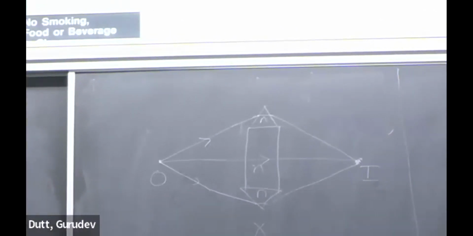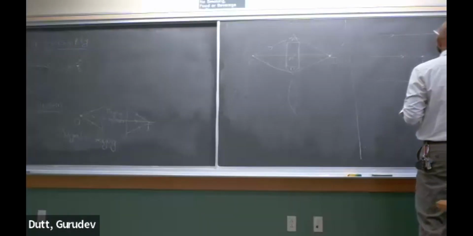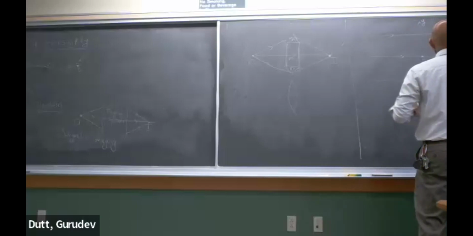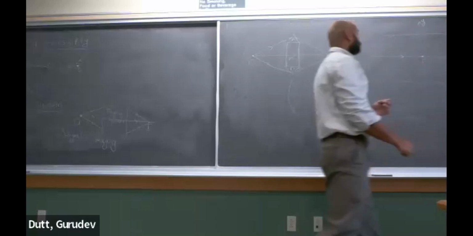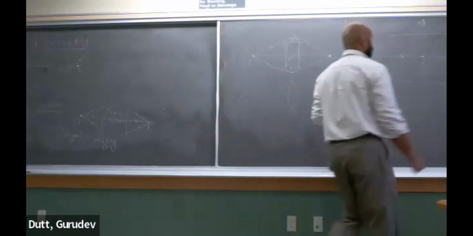Now I draw some coordinates. I'm going to call this the origin. This is the x-axis and this is the y-axis. Any point over here on the surface of the mirror, let's call this point A, has a coordinate x, y.